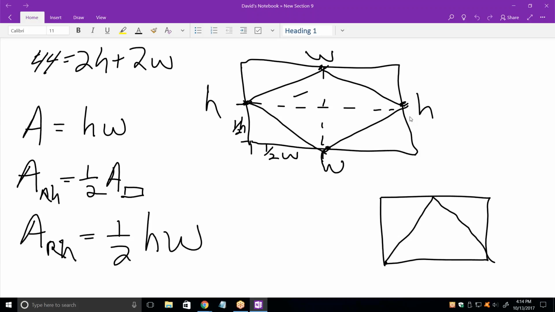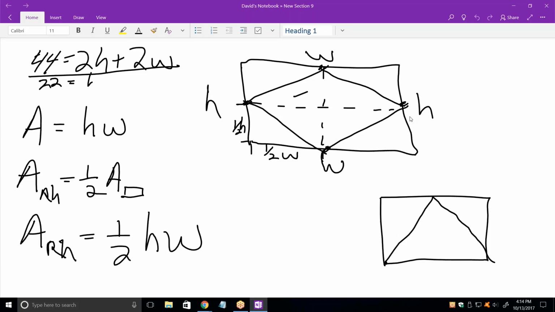And they want the area of the rhombus to be a function of W only. Well, right now I have it as a function of H and W. But if I go up to this line right here, I can solve H in terms of W. So the first thing I'm going to do is divide both sides by 2.